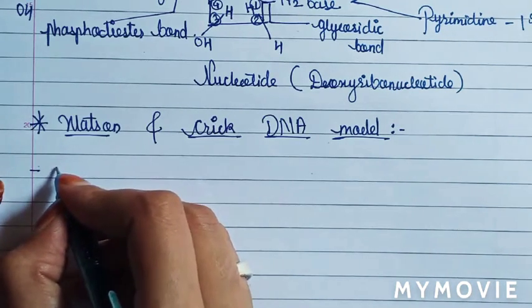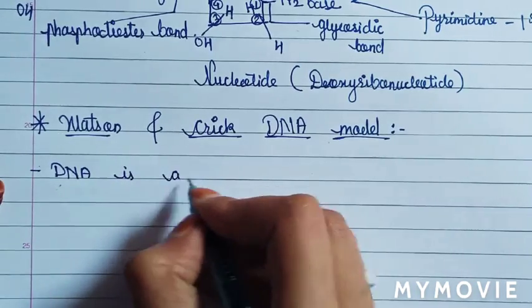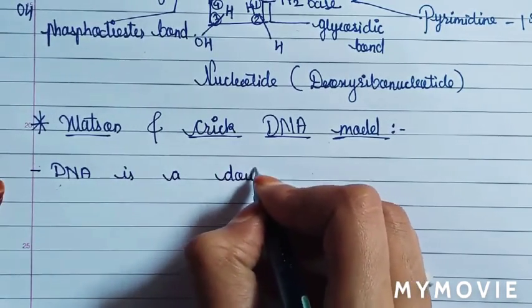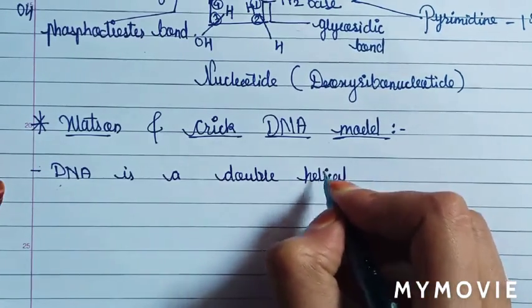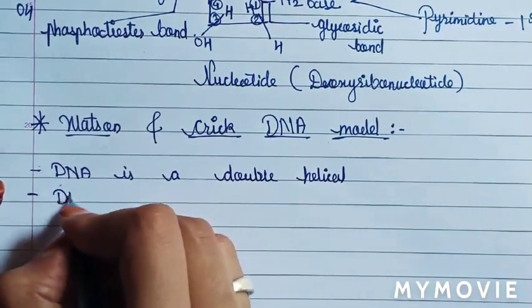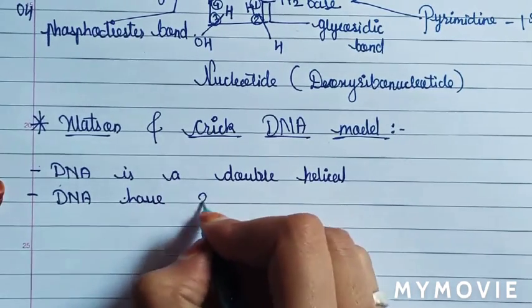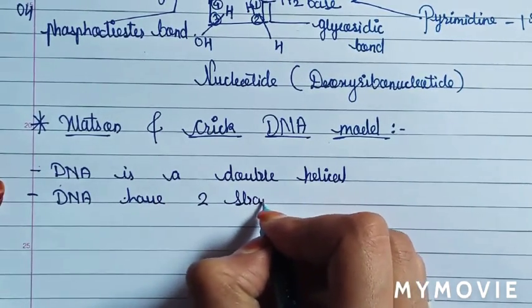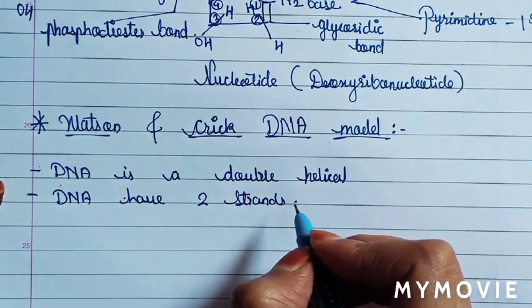So we will write here: DNA is double helical with 2 strands. DNA has 2 strands. Now each strand is made up of a chain of nucleotides.